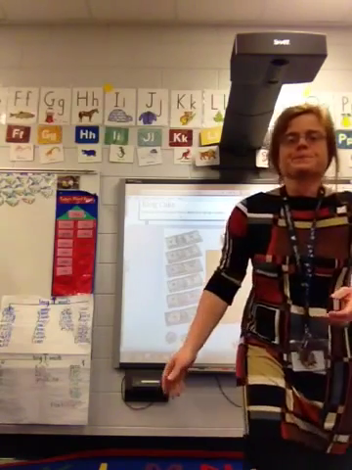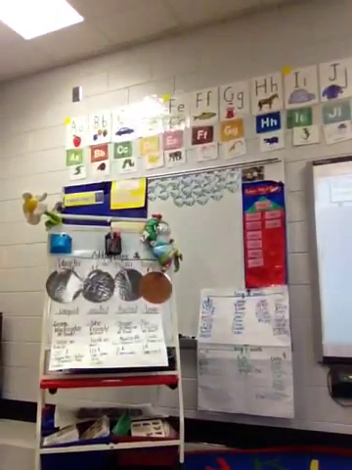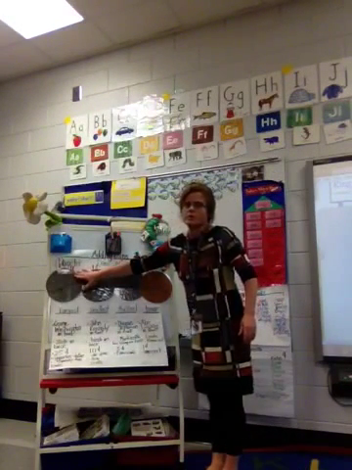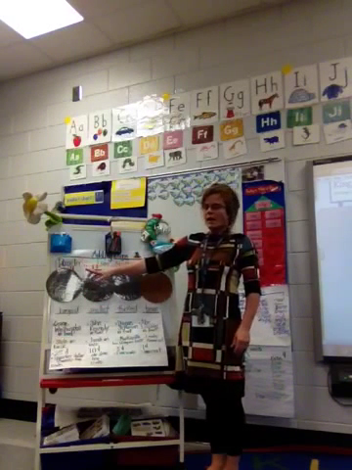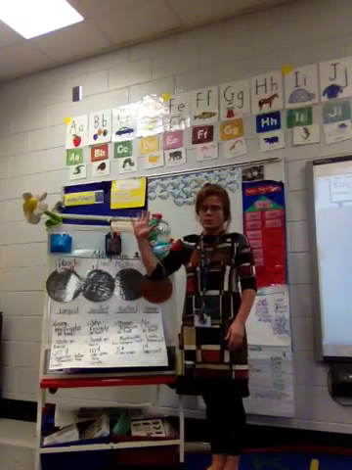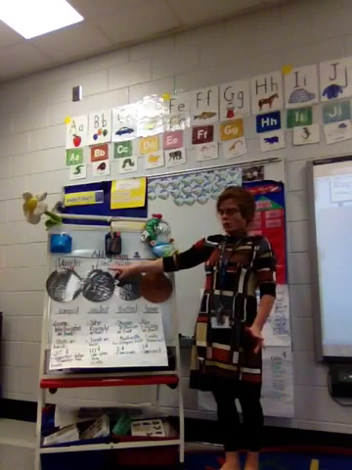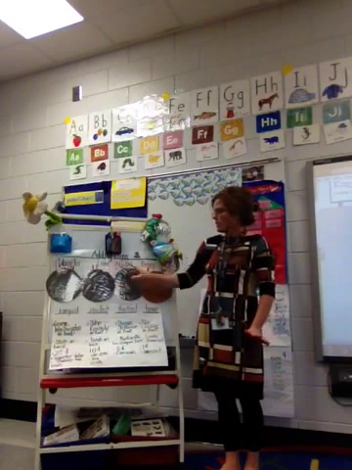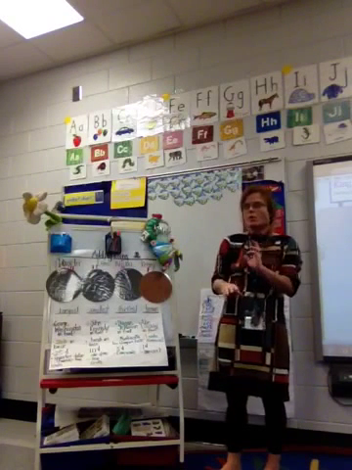For example, this is the quarter, and it's worth the most amount. It's worth 25 cents, so a quarter would have 5 hairs. The dime is worth 10. It's counting by 5s, so it would have 2 hairs. A nickel would have 1. A penny would have no hairs.